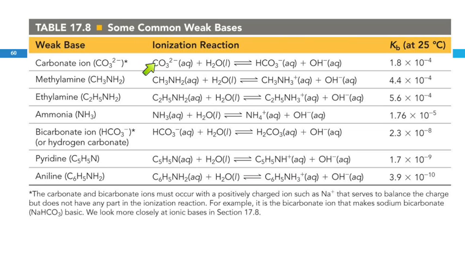So carbonate ion can take a hydrogen from water to make hydrogen carbonate ion and hydroxide. So carbonate ion is a weak base. The hydrogen carbonate ion can also take a hydrogen from water to make carbonic acid and produce hydroxide ion. So those are going to be weak bases.